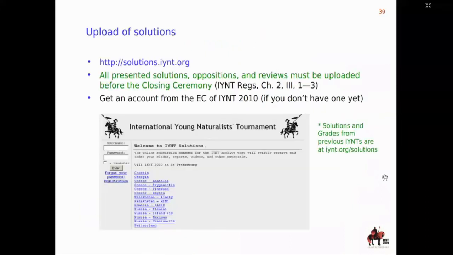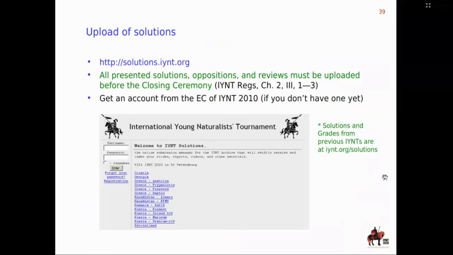Solutions and how to upload them. Please check the username and password that you received from the executive committee, and please go to solutions.iynt.org. You need to upload all solutions, all oppositions, and all reviews before the closing ceremony, and you have your account to do so.